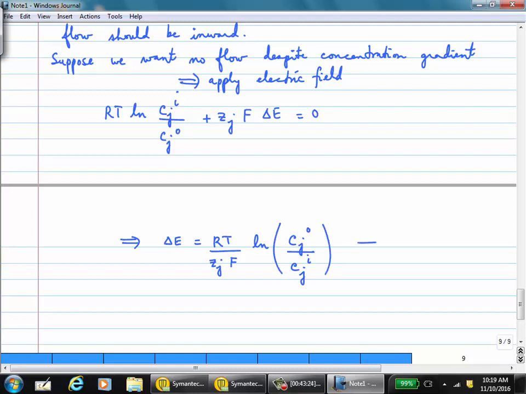And this quantity that you calculate, where there's no flow, is called the Nernst potential of that solute.